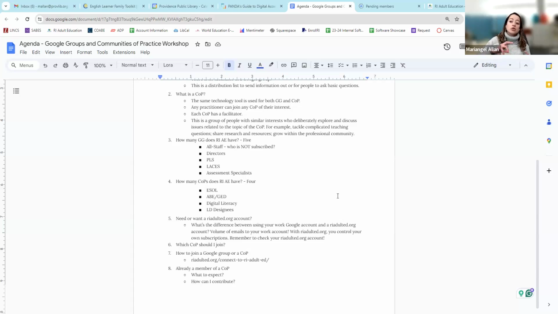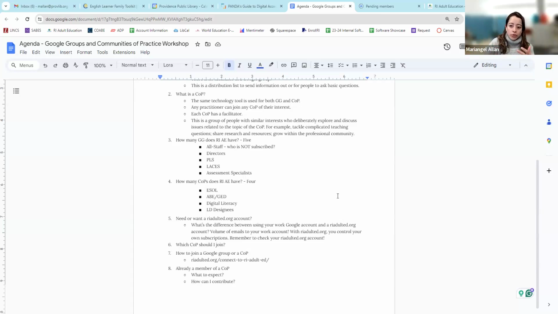So there is someone, let's call it in charge of a COP behind to take the lead, share resources, information, start conversations. So there is a facilitator behind a COP. So also the community that joins a specific COP have particular or similar interests.